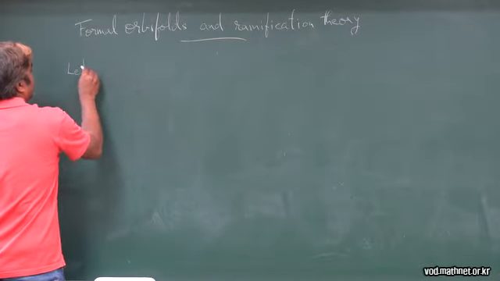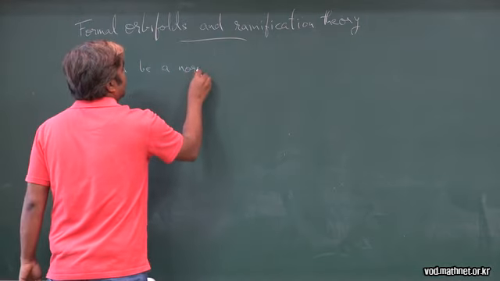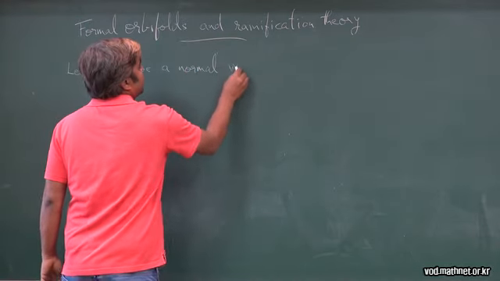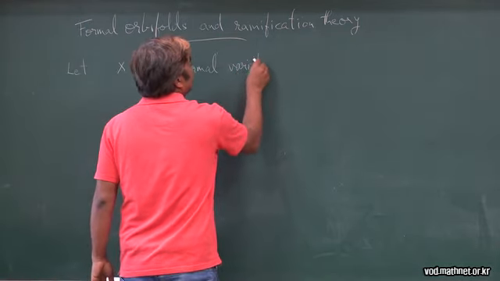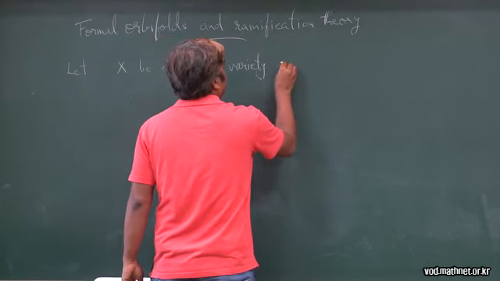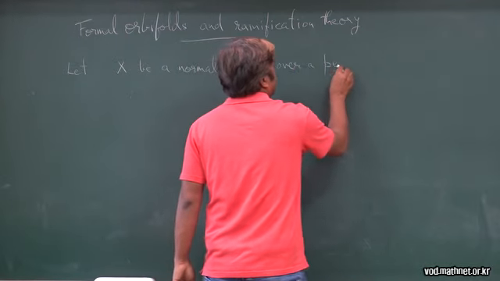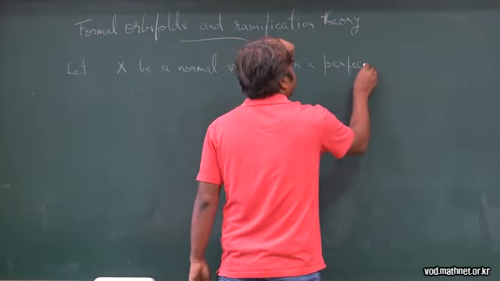So let X be a normal variety over, initially, an algebraically closed field.